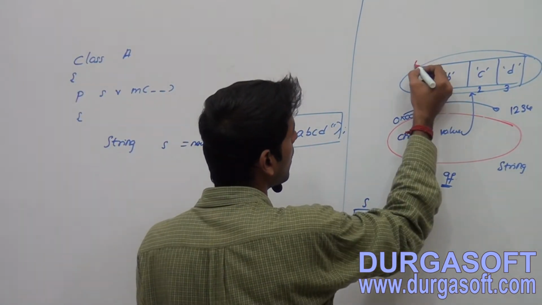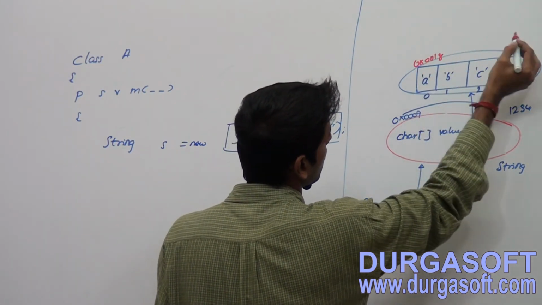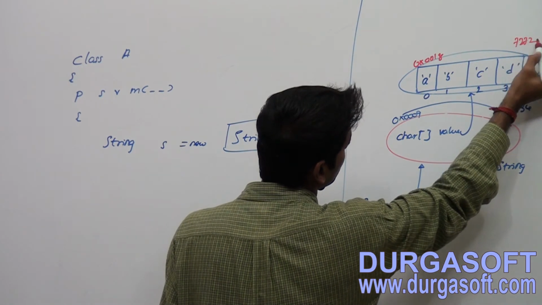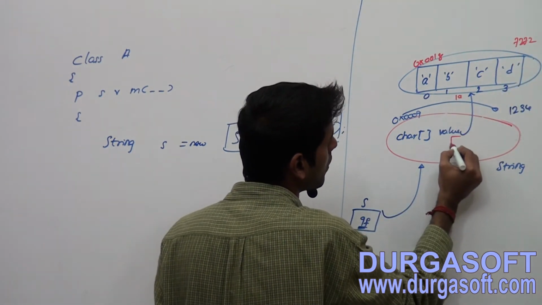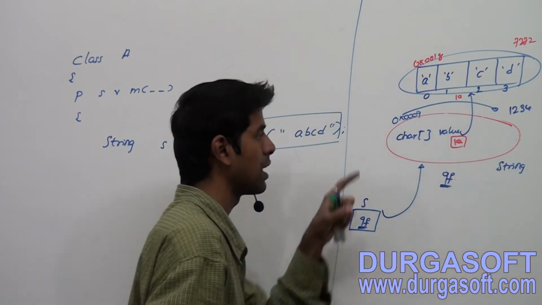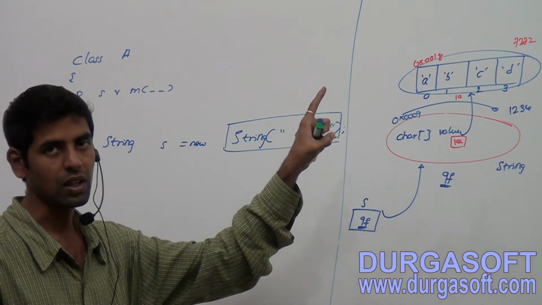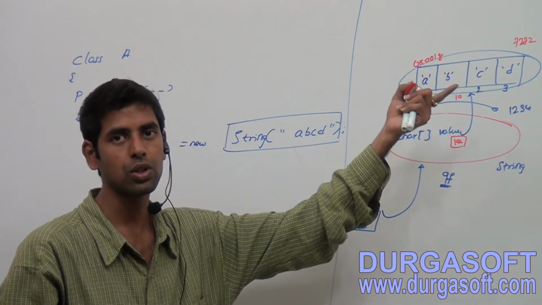Here there will be one address, 0018 or anything. Let it be 7272. It will have one reference. Let it be 1a. So this variable will have the data 1a. That's why it is referring. The same thing repeats for other objects also.